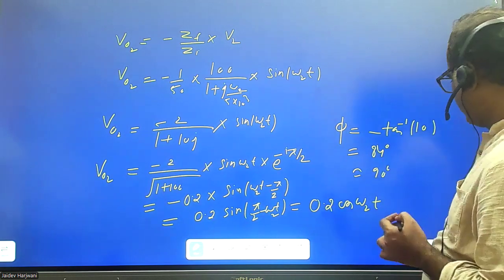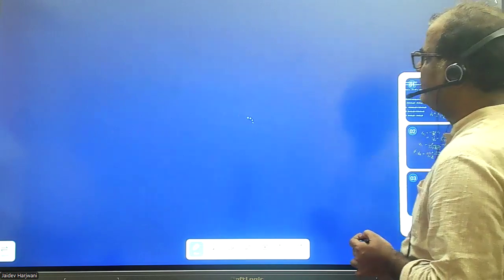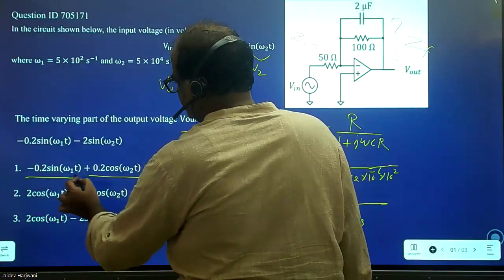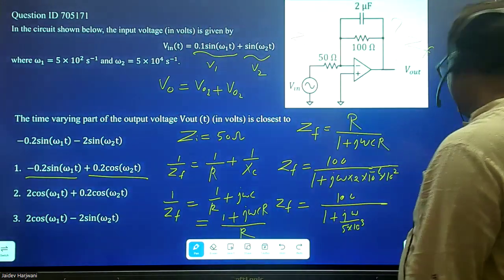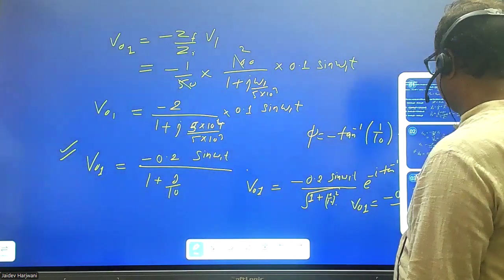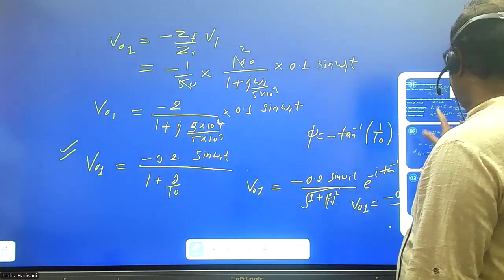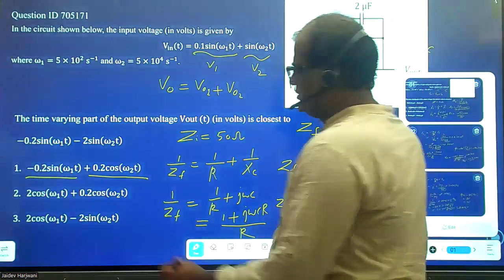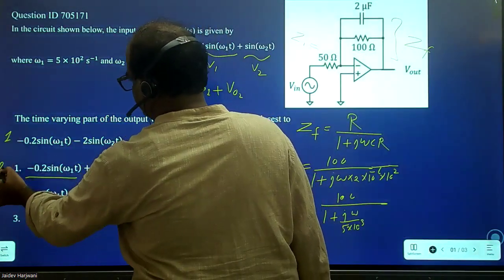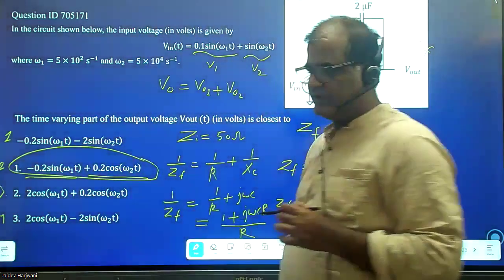Okay, so now I have the answer 0.2 cos ωt, and for the first one I have minus 0.2 sin ω1t, which we have already solved. So this is the correct option for this question, option 1, 2, 3, 4.